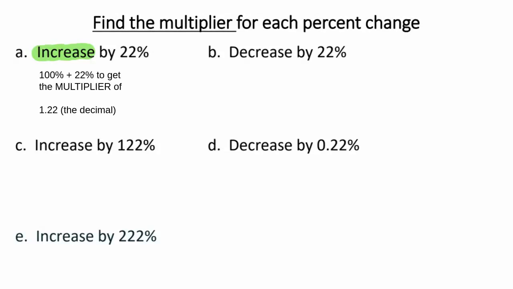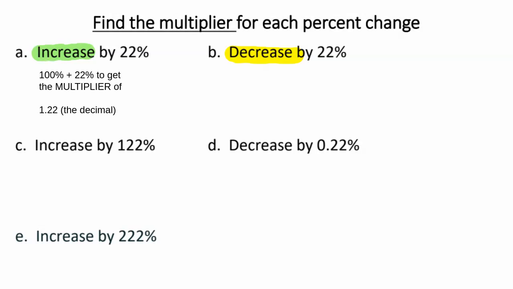Now, let's look at B. See the word? The word says decrease. Well, we want to find the multiplier.